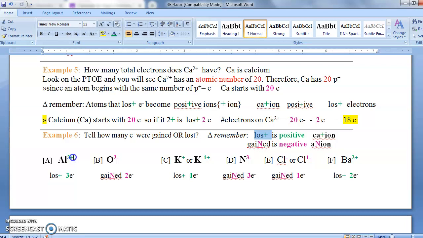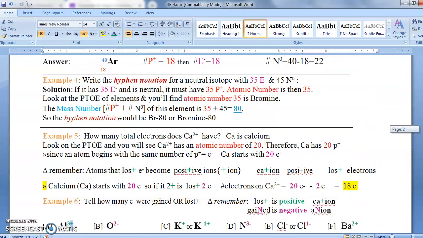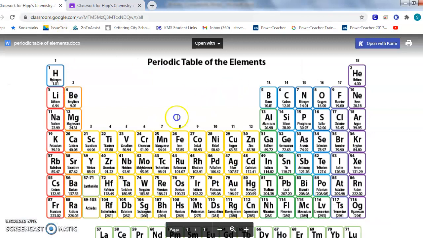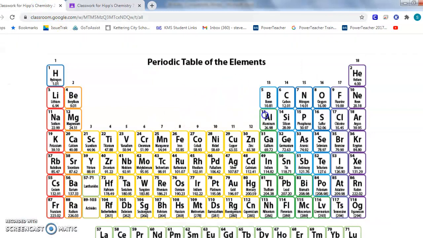So this means that aluminum, which is 3 plus, must have lost 3 electrons. We also learned that this makes sense when we look at the periodic table, because aluminum has 13 protons, which means it starts with 13 electrons. If it loses 3 electrons, it would have 13 positives and only 10 negatives.